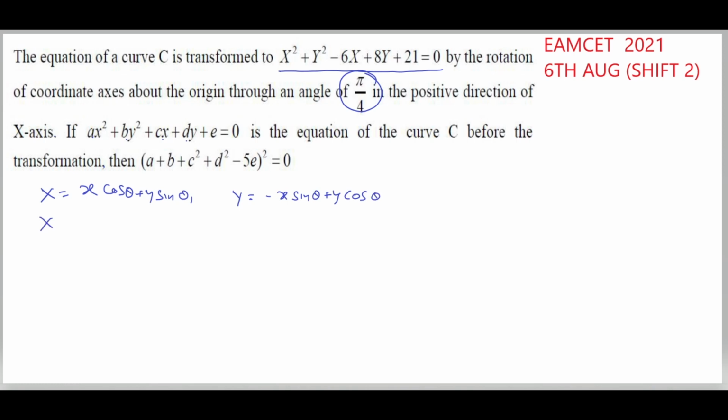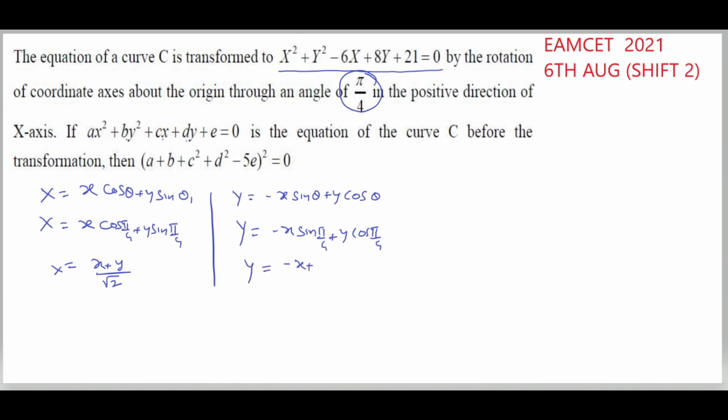Substituting, capital X is equal to x cos pi by 4 plus y sin pi by 4, and cos 45 and sin 45 are 1 by root 2, so that is x plus y by root 2. This is the capital X value. And capital Y is equal to minus x sin pi by 4 plus y cos pi by 4, that is minus x plus y by root 2.